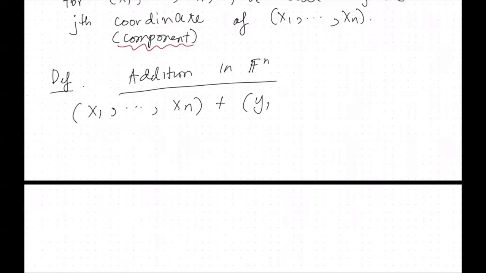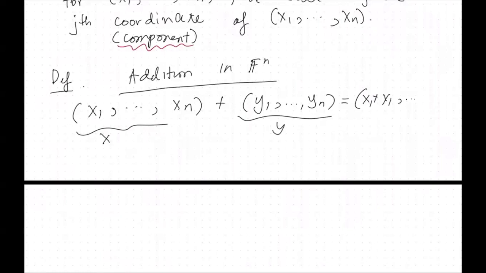Let us call this our x, this is our y. The sum is just x1 plus y1, and then up to xn plus yn. So basically, what you do is add them component-wise.